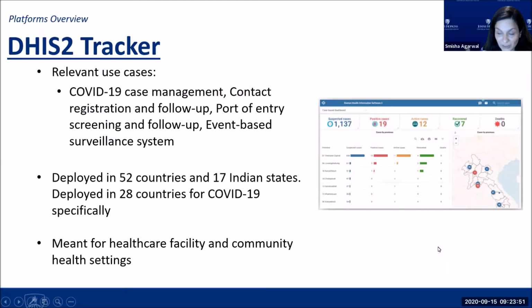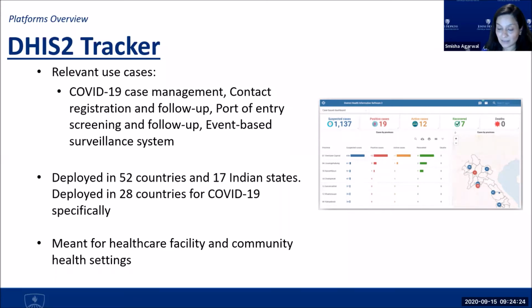DHIS2 Tracker is distinct from DHIS2, which is used for aggregation at the district level. The tracker is an open source web-facing application that supports data collection and analysis of transactional or disaggregated data. The core DHIS2 Tracker software development is managed by HISP at the University of Oslo, whereas DHIS2 is a district-level health information system that's used across several countries.